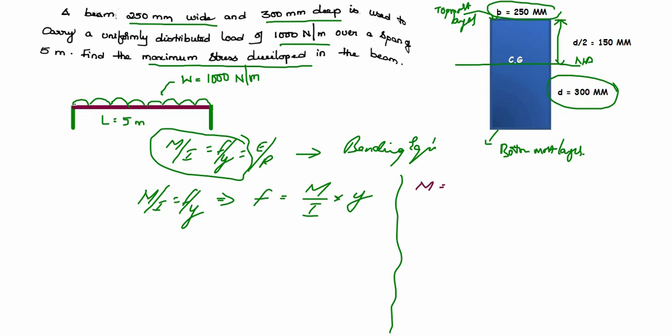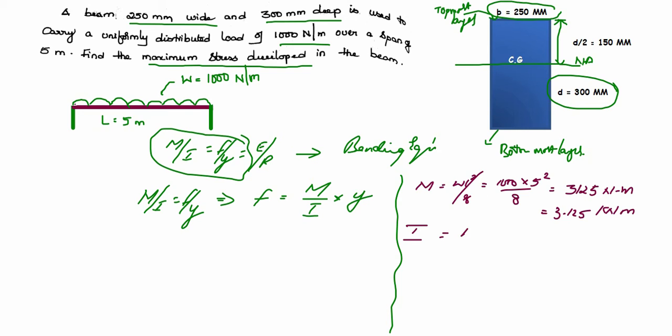Bending moment is equals to W L square by 8, which is equals to 1000 into 5 square divided by 8, which is equals to 3125 Newton meter, which is equals to 3.125 kilonewton meter.